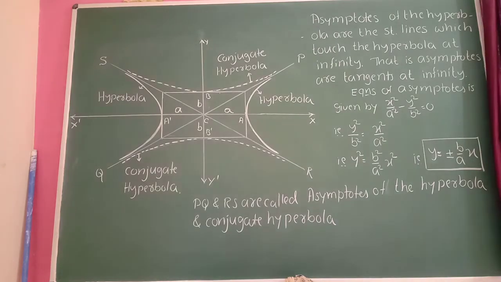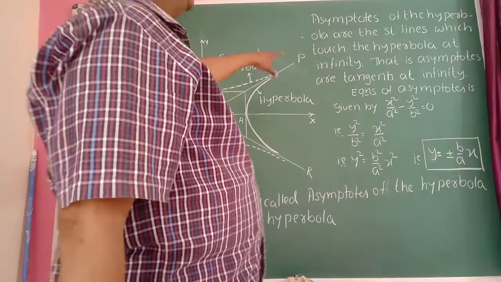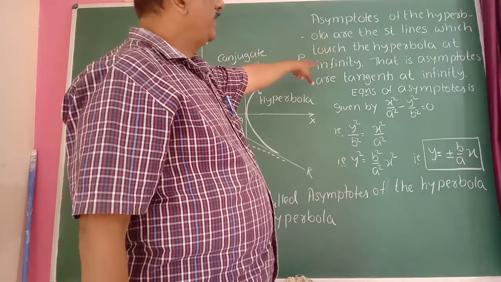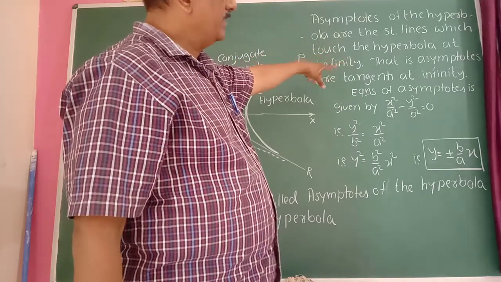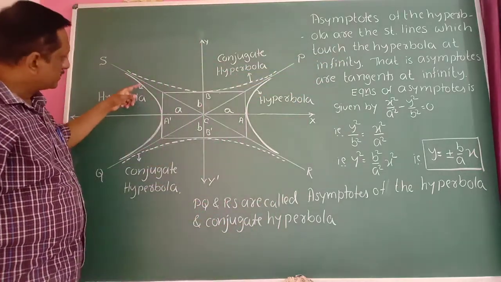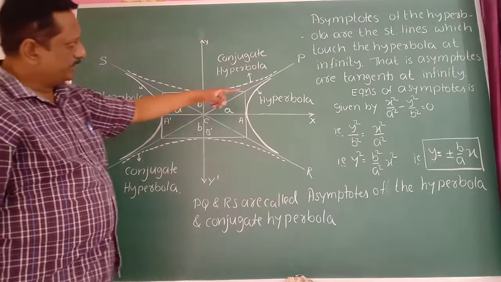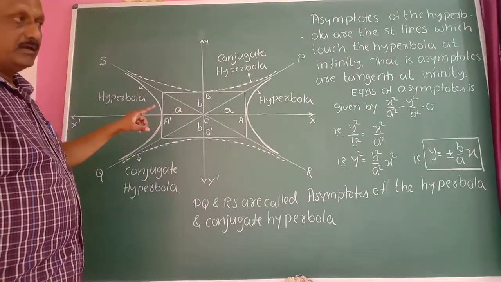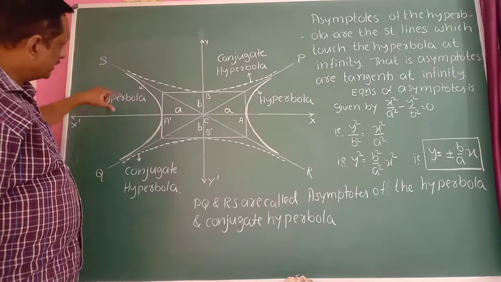So asymptotes of the hyperbola are the straight lines which touch the hyperbola at infinity. That is, asymptotes are tangents at infinity. So this curve here, the hyperbola, these curves meet the asymptotes at infinity.